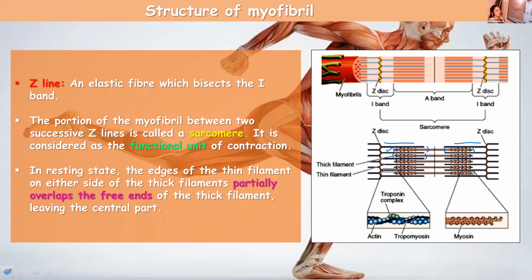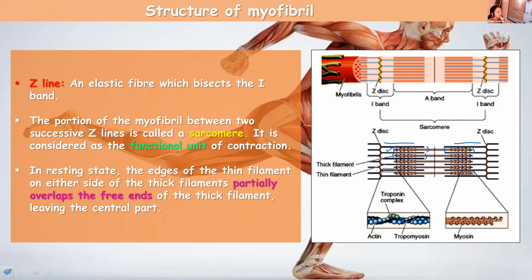But in the resting stage, the edges of the thin filaments, actin filaments, will be overlapping the thick filaments partially. Why partially? Because the central region of the thick filament is not overlapped by the thin filaments.